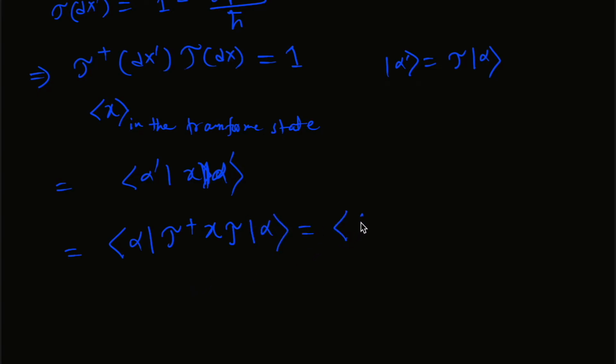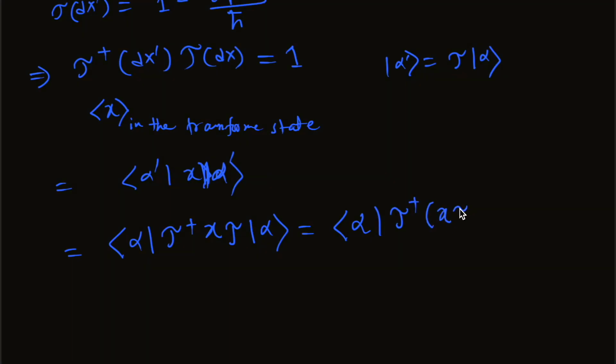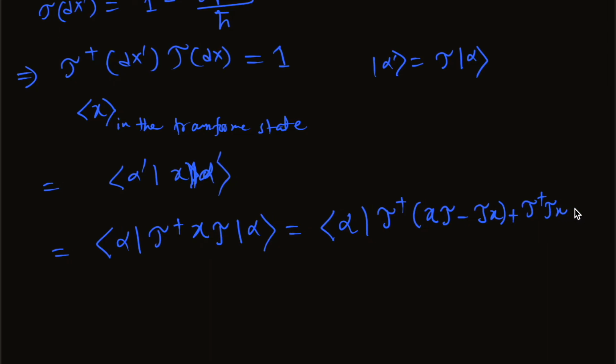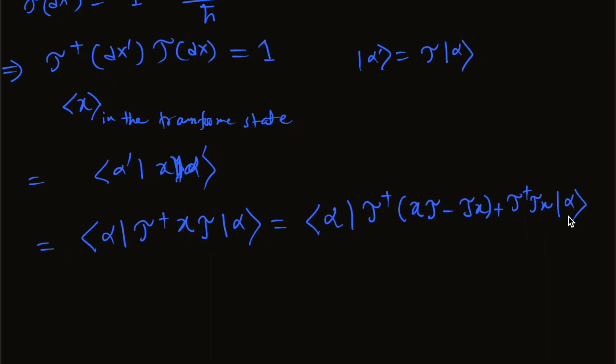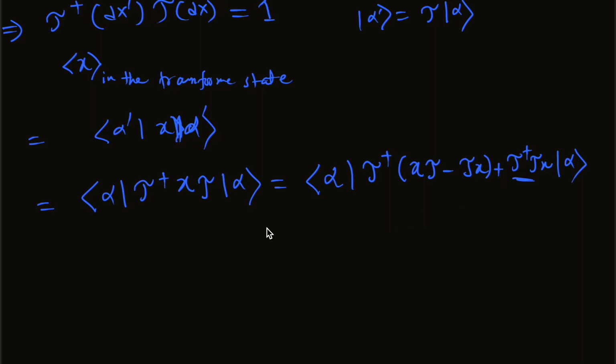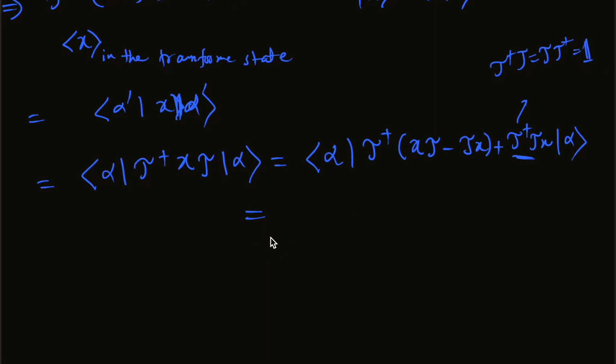It can be written as alpha tau dagger x tau minus tau x plus tau dagger tau x alpha, and since this operator is unitary, that means tau dagger tau is the identity operator I.